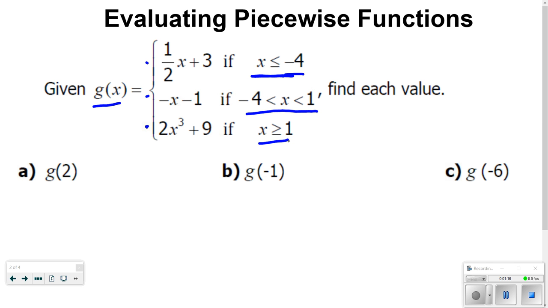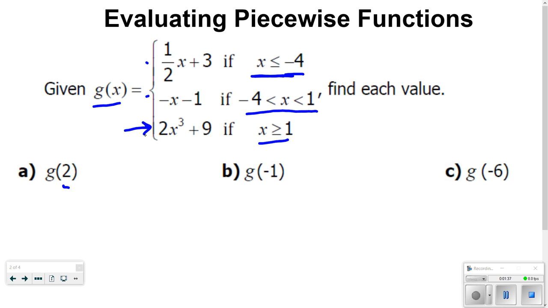So let's look at example A here. If I want to evaluate this function g of x at an x value of 2, I need to decide where that x value of 2 lives as far as this function goes. Well, 2 is greater than 1, so it's going to be the bottom function here.